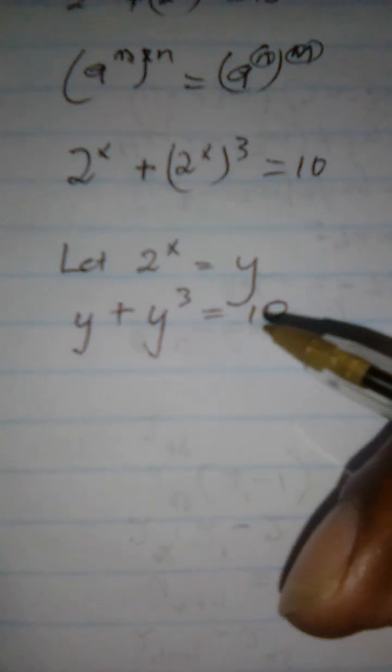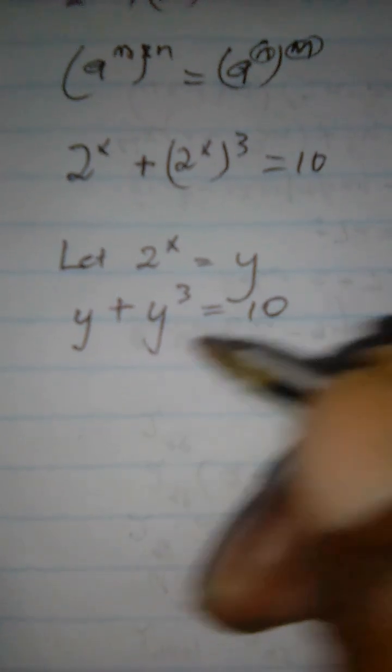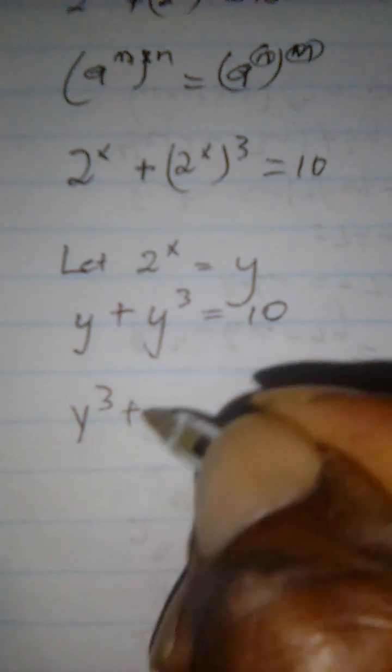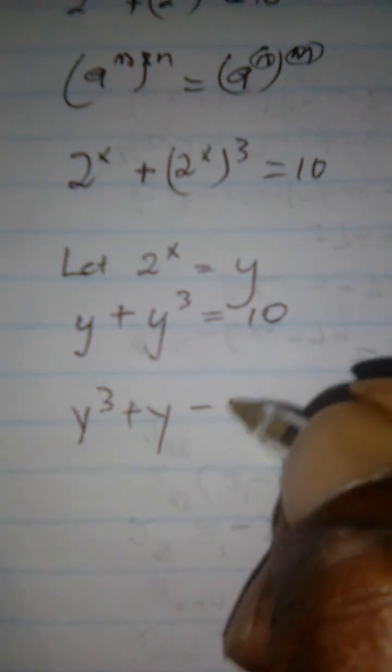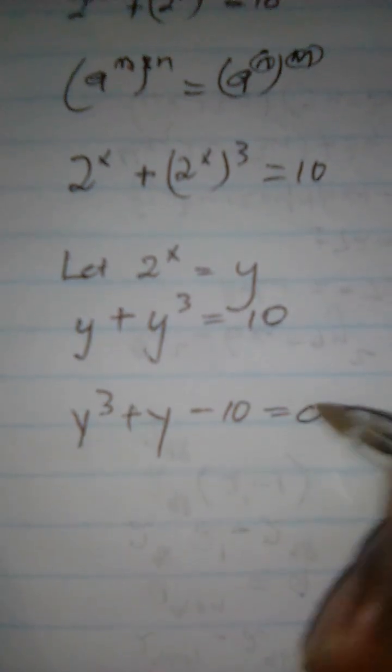Now to rewrite this, I can say y cubed plus y minus 10 is equal to 0. So the next step, we want to find the factors of y cubed plus y minus 10, so that we can solve for x.